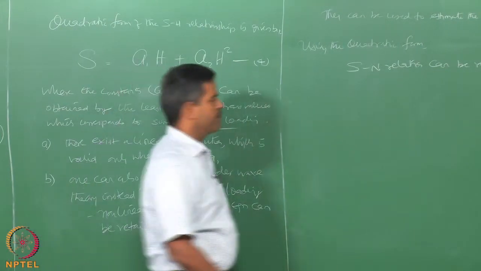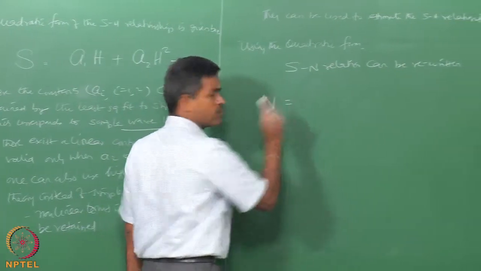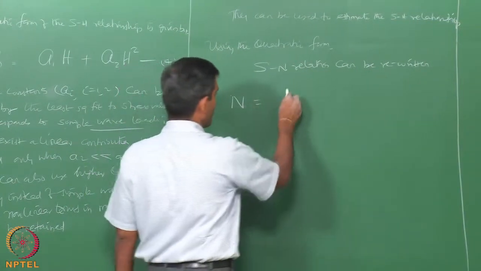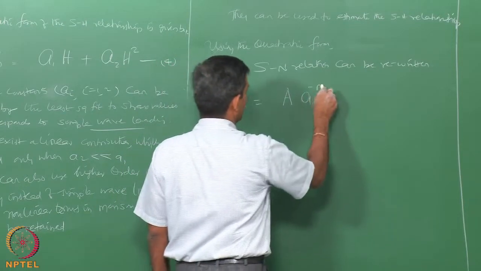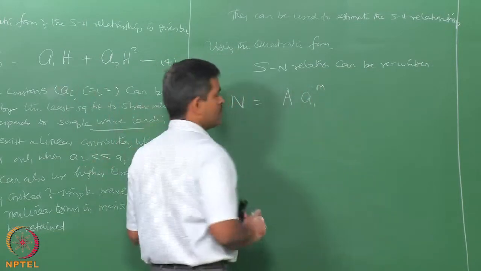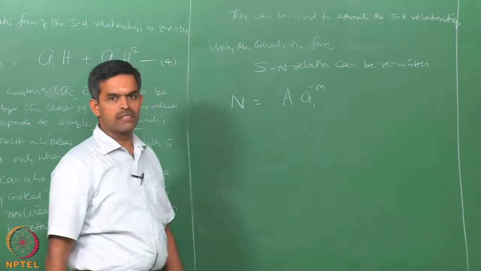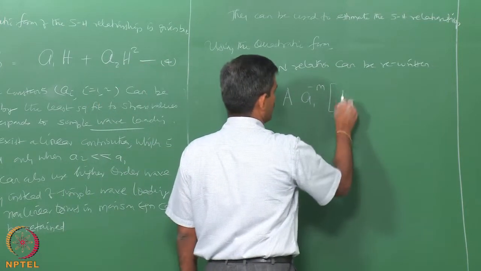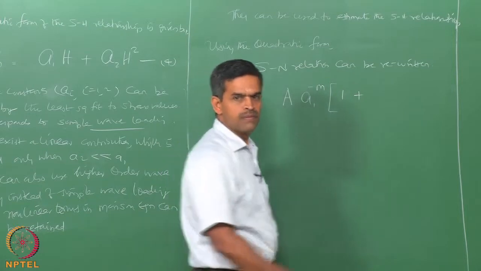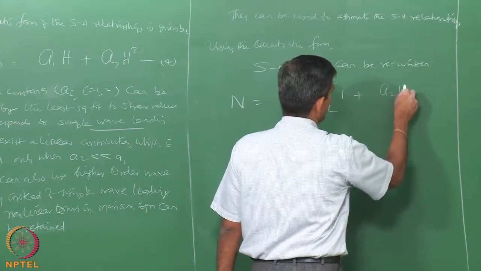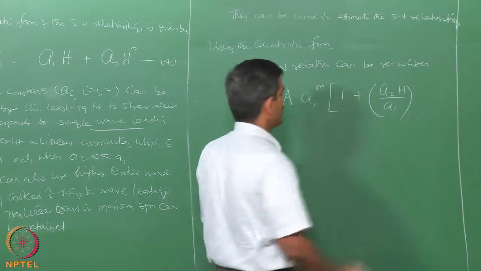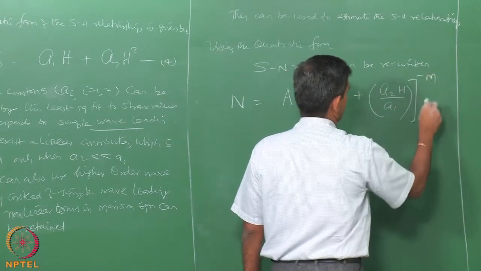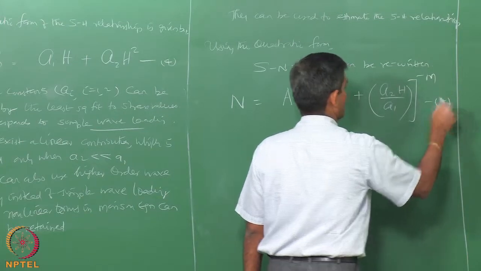One can say N is now equal to A1 to the power minus m, because I am rewriting the same in the form of the SN relationship, times 1 plus A2 H by A1, normalizing it, to the power minus m, equation 5.